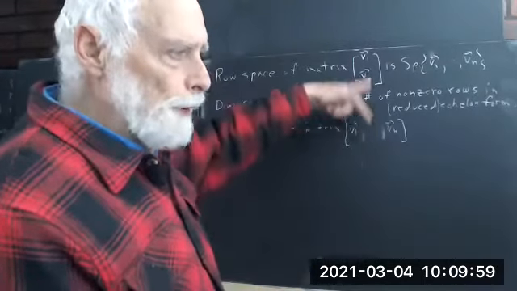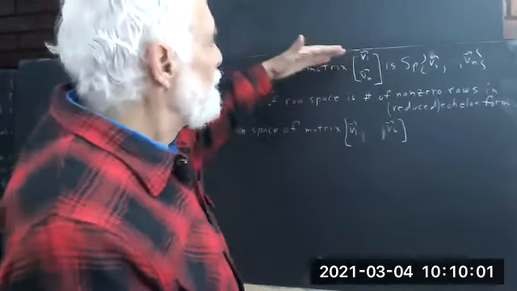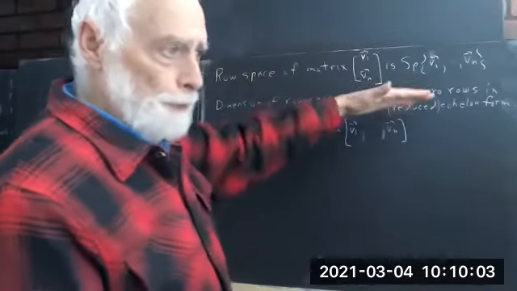In other words, V1 through Vn are in columns here. In this notation, they're in rows.